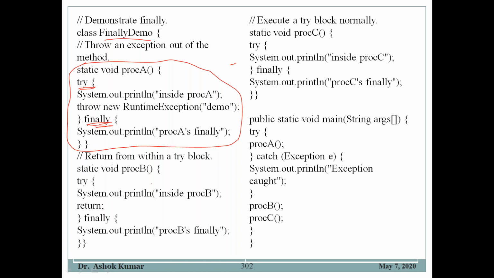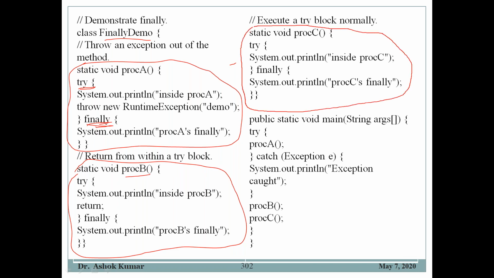Then we have one procB, and in this we have a try block and finally. Again we don't have the catch block in this case. Then the third procedure is there with a third try, a finally block and a try block, and in the main we are calling procA.